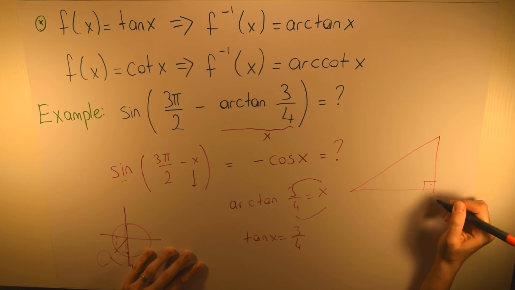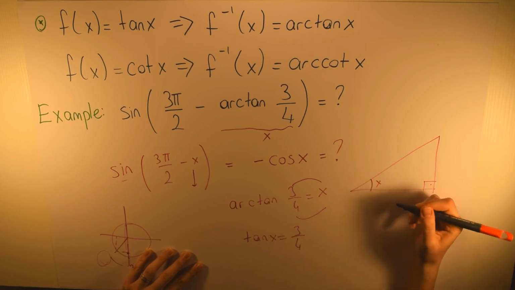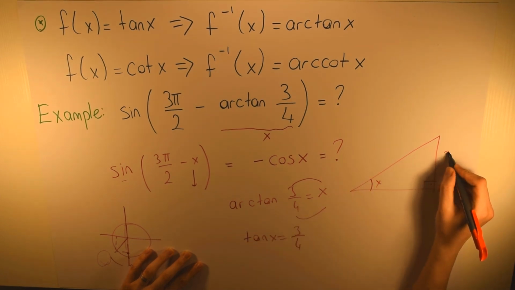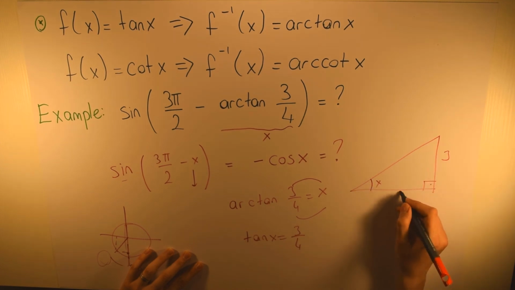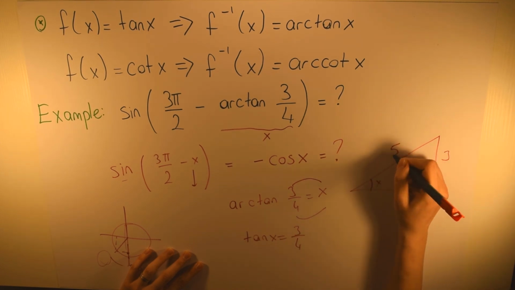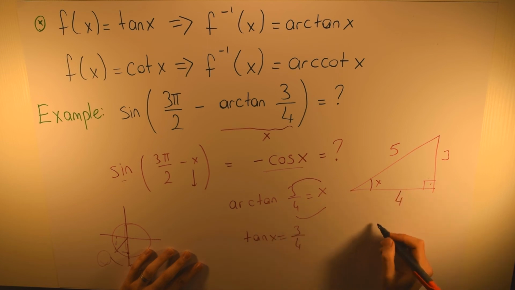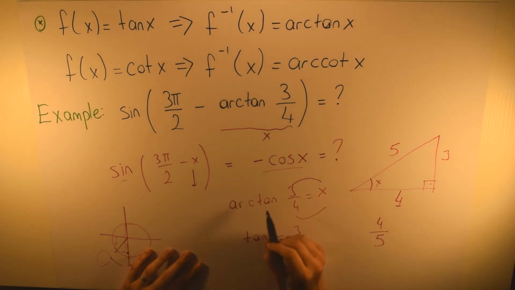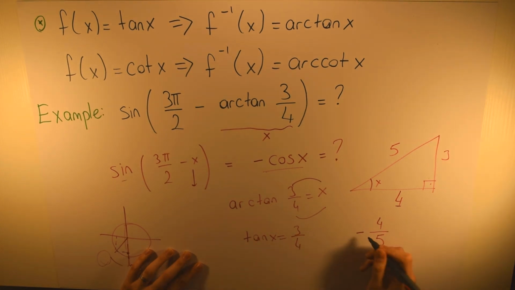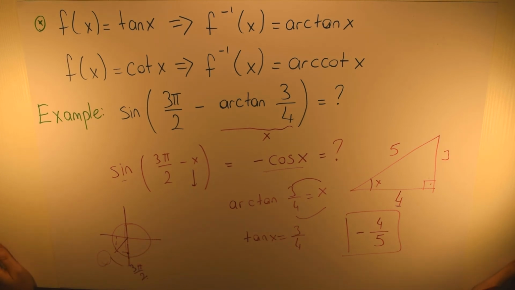Let's say x is here and tangent x is 3, opposite side over adjacent side 4. So here is the 3, 4, 5 triangle, and all we need to do is find the value of minus cosine x. Cosine x is equal to adjacent side 4 over hypotenuse 5, but we need minus cosine x, which is equal to minus 4/5. So this is the answer for our example.